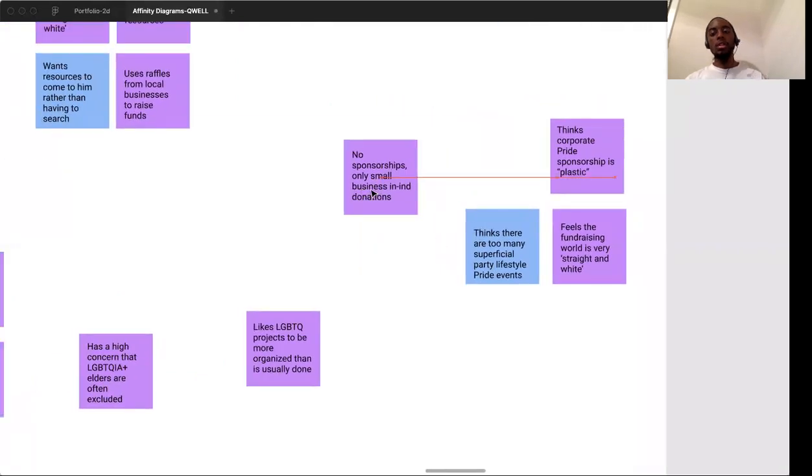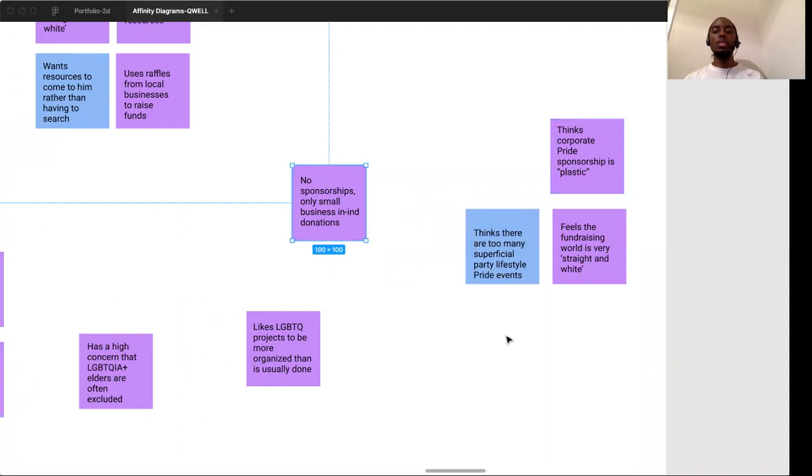So this is definitely not the same here. These are saying that the frustration is that it's plastic, it's commoditized. You know, it's not as meaningful as it should be. But this is saying that was not really even a frustration. This was more so saying that they're anti sponsorship. Like this is from the anti corporate people. So they don't even want sponsorships.